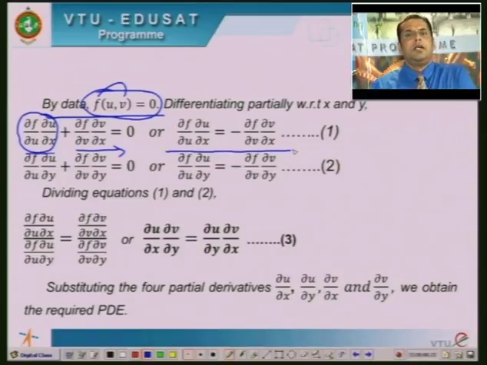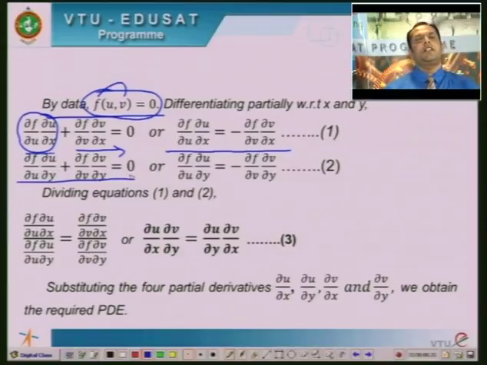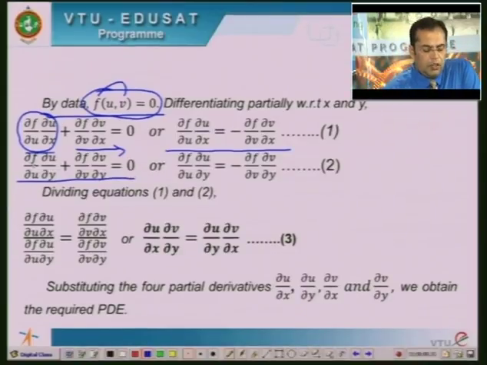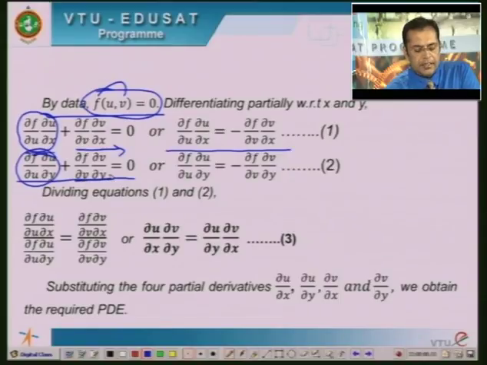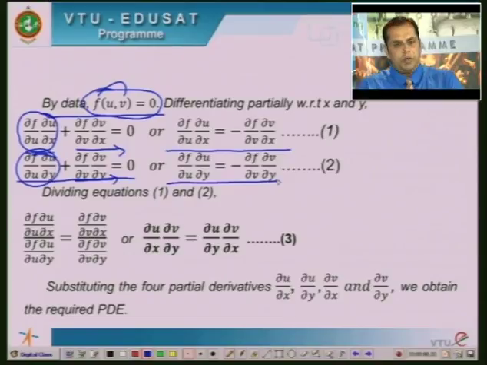Similarly, using chain rule, now differentiate partially with respect to y. Similar to the differentiation with respect to x above in equation 1, dou f by dou u into dou u by dou y plus dou f by dou v into dou v by dou y equal to 0. Again, shift this to RHS, you get dou f by dou u into dou u by dou y equal to minus dou f by dou v into dou v by dou y.